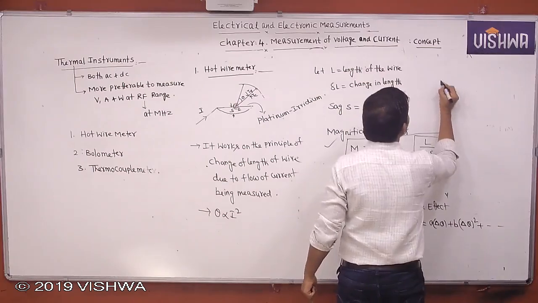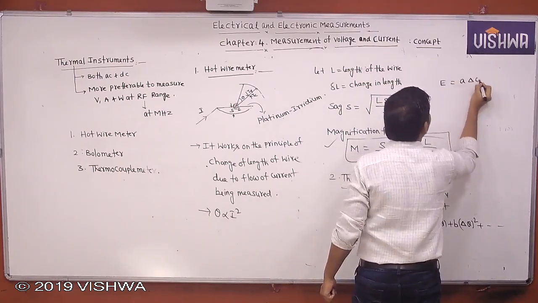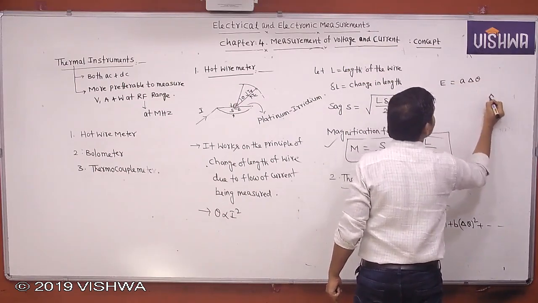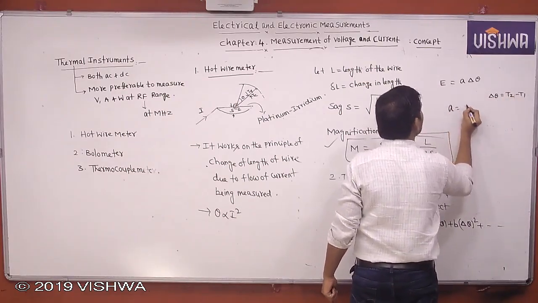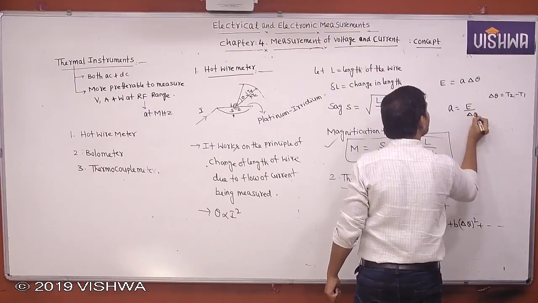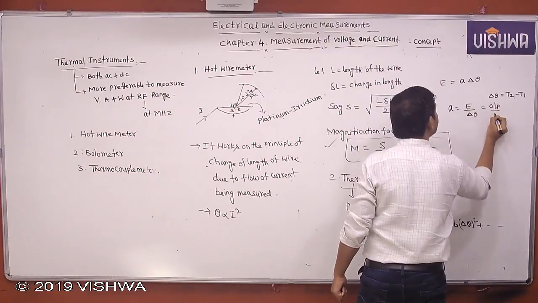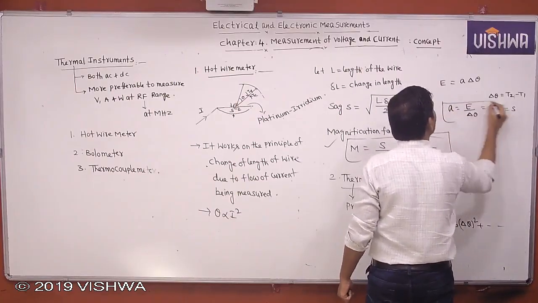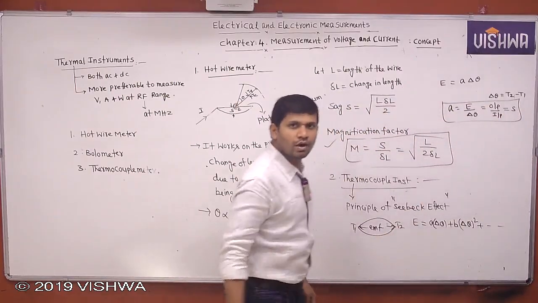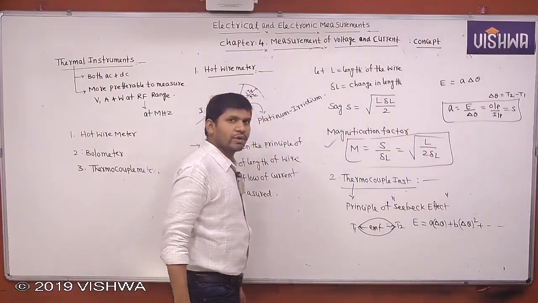Then you can write E equals A into delta theta. Now what is delta theta here? T2 minus T1, the change in temperature. Then A equals E by delta theta. It's just like output by input. That's why it is also called the sensitivity of the thermocouple instrument.